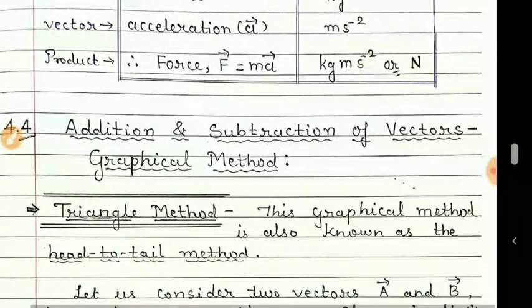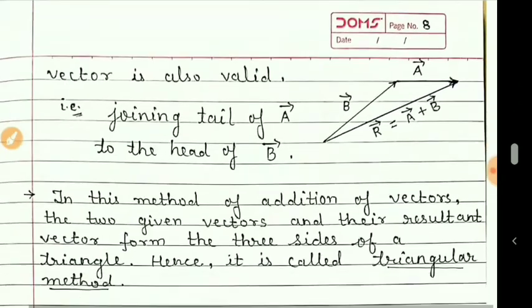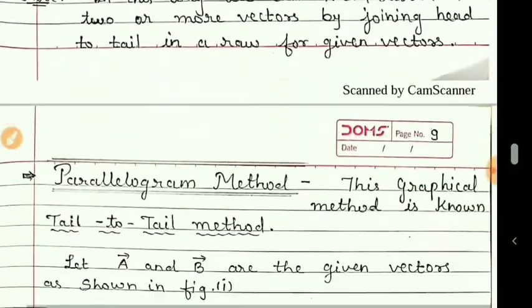Now, about addition and subtraction of vectors by graphical method. Now students, there are two methods for the addition or subtraction of vectors by graphical method. One is the method of triangle or triangular method, and the other is the method of parallelogram.